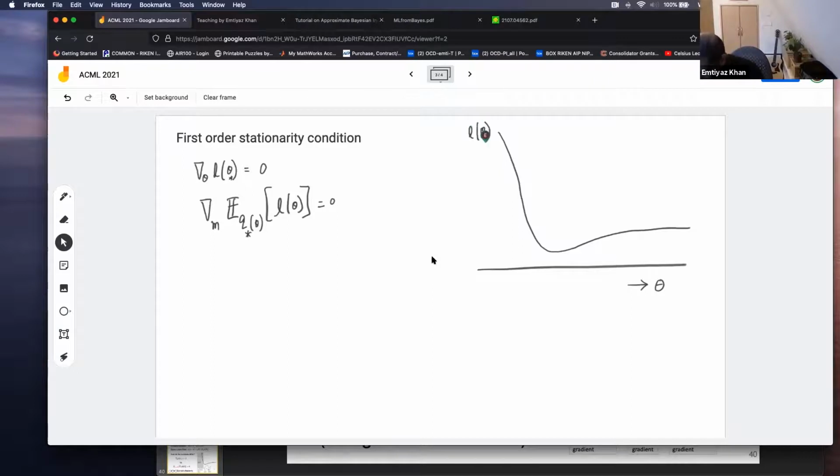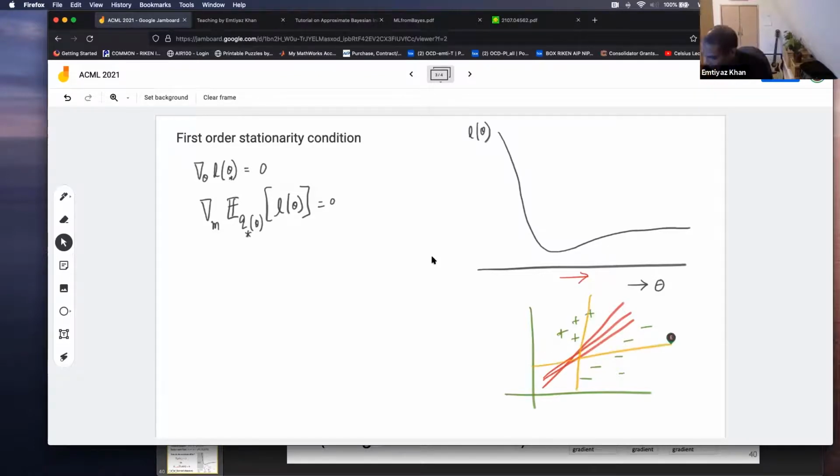And this could happen in cases like logistic regression, where you may choose lines that are actually perfectly fine, and those lines might be going in that direction. But then if you go on the other side, so if you slightly deviate from this, then you suddenly incur a huge loss. So you're sort of going in this direction.